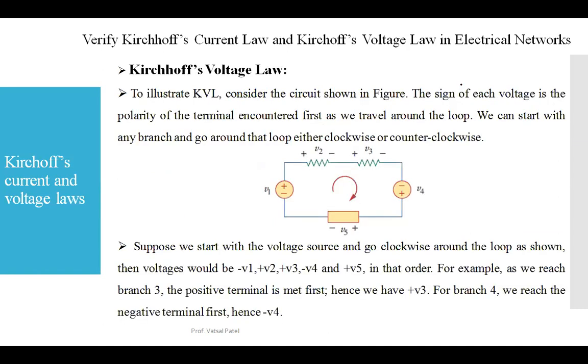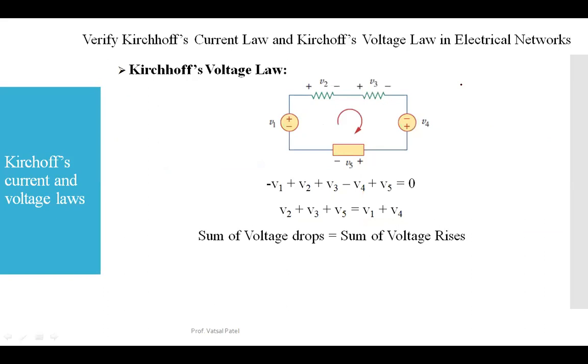We identified this using the diagram in our lab session, and from that we got the equation: the sum of the voltage drops is equal to the sum of the voltage rises. Then after that we discussed two examples.